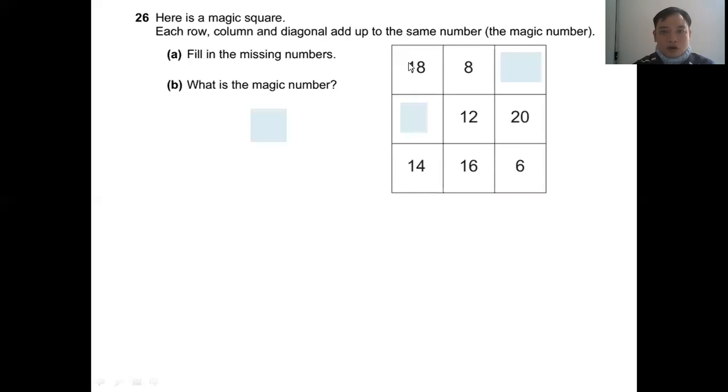So this column, this diagonal, this column, and this row have to add up to the same result. So it is 36. So here should be 10. Same thing, here has to be 36. So here is 4. And the magic number is 36.